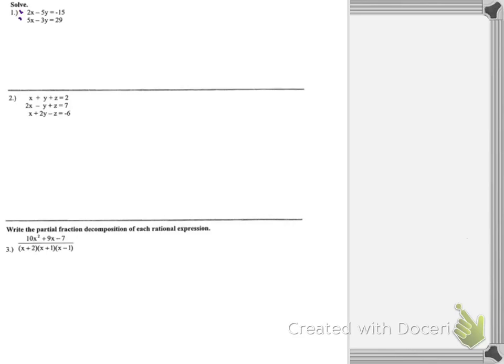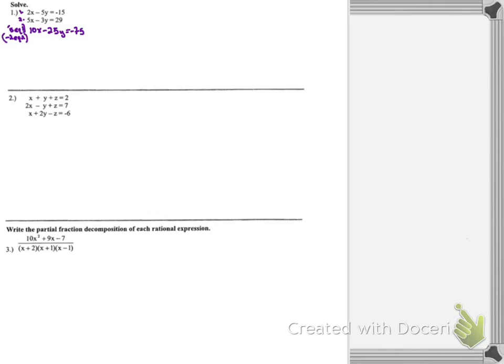EQ1. So we have EQ1, we have equation 2. So 5 times EQ1, and that's going to give me 10x minus 25y equals negative 75. And then I'm going to take negative 2 times equation 2.